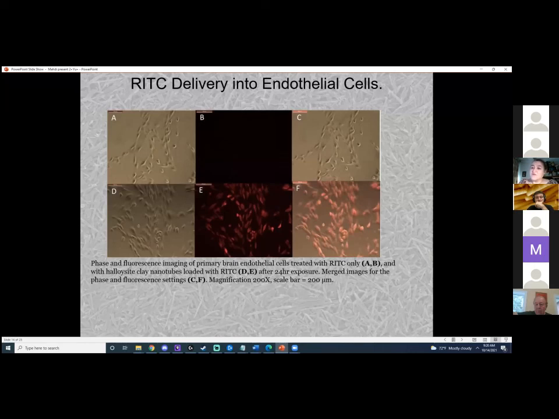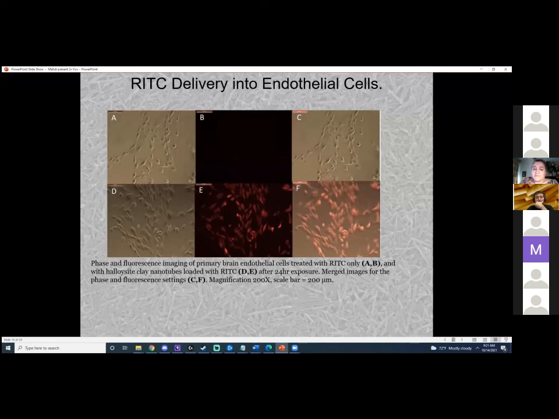That's my point, because with other types of nanoparticles you need to functionalize the particle to force the particle inside. Yeah, we haven't done that, and we don't know if the halloysite is fully penetrating or partially penetrating or just binding to the cell and then releasing the rhodamine inside the cell, and the cell is just absorbing the rhodamine.